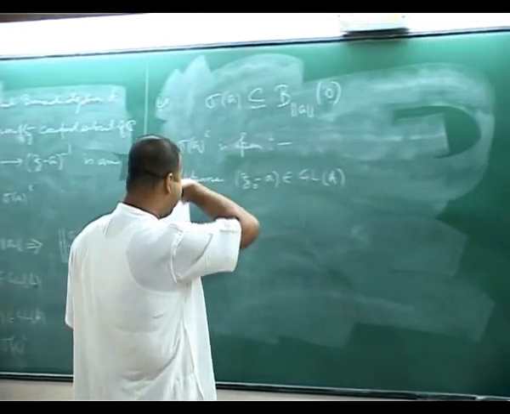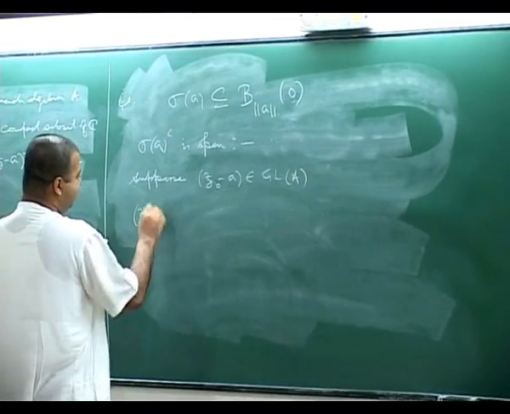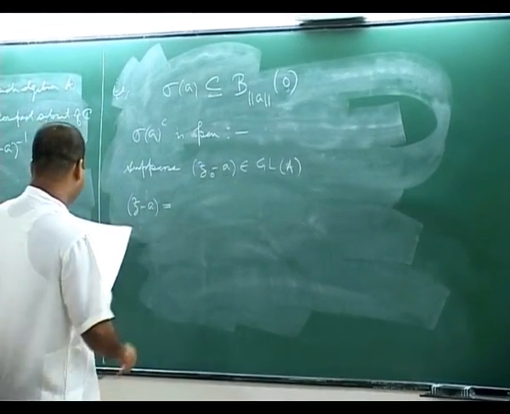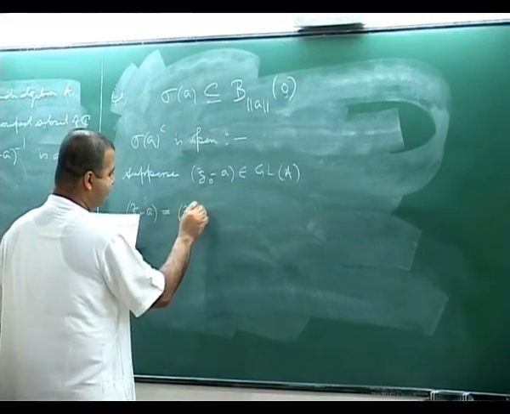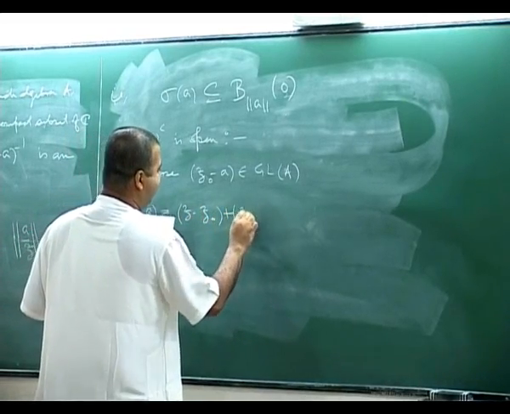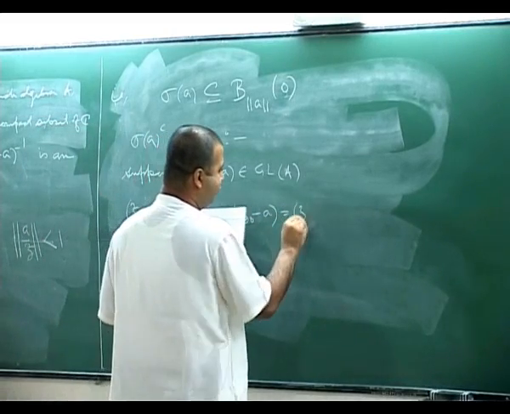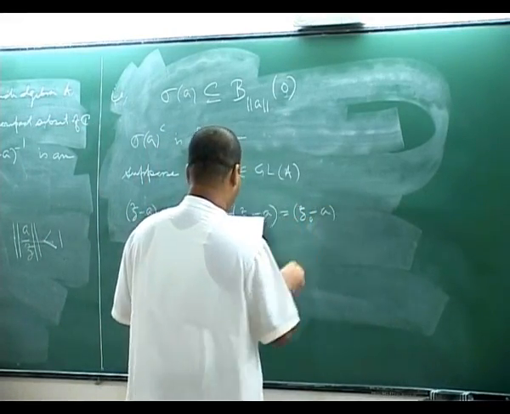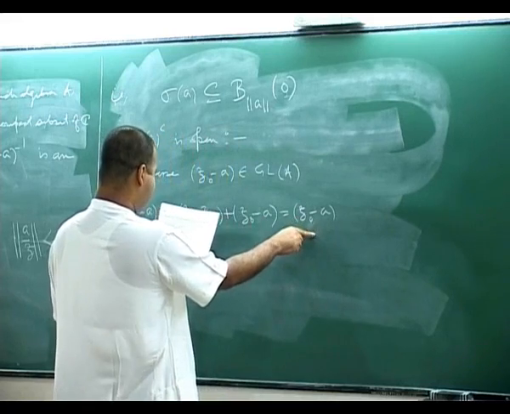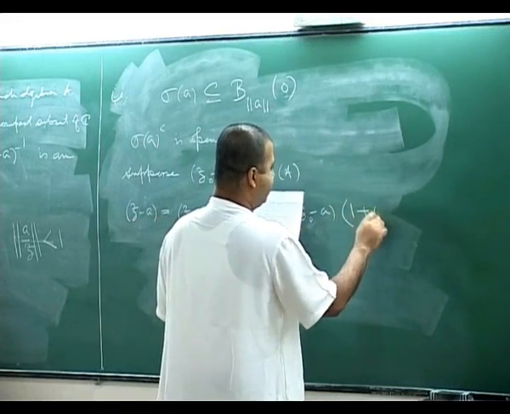So suppose z naught minus A is in GL of A, and let us try to estimate this quantity z minus A. You should do this argument a few times on your own, then you will see what is happening.